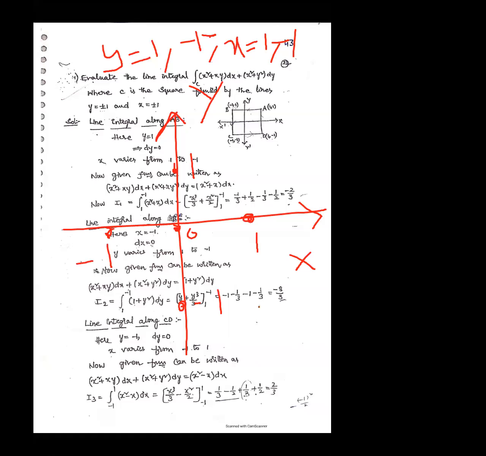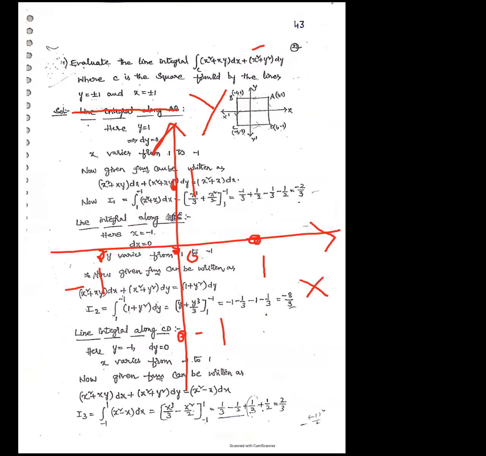Here, one statement is clearly given in the problem. What is that? Where C is a square, C means curve. The curve C is a square formed by the lines y equal to plus or minus 1 and x equal to plus or minus 1.